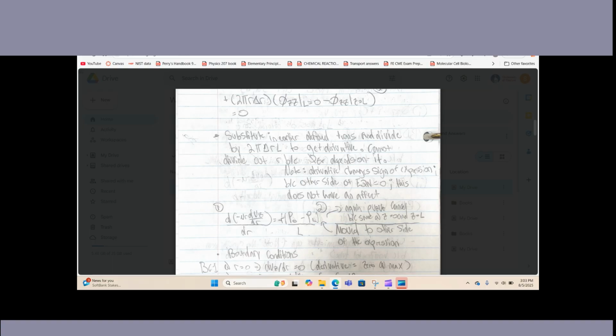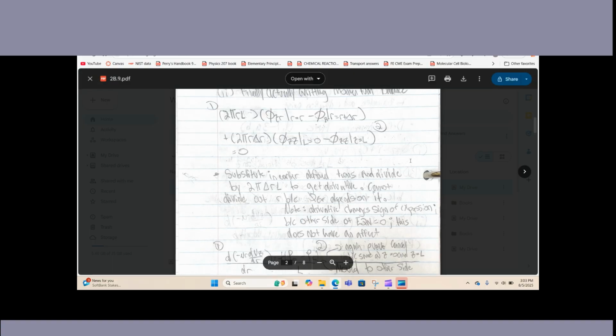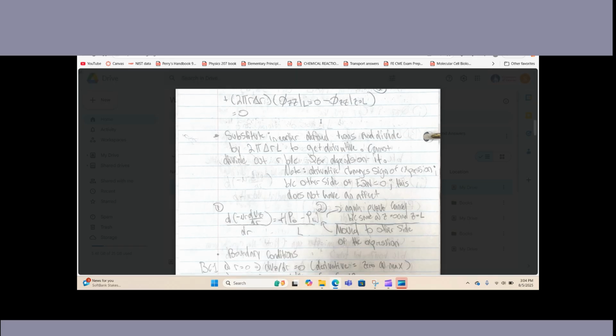So the derivative will change the sign of the expression, and that's because a derivative is the final value minus the initial value over the final position minus the initial position, while the momentum flux is the initial value minus the final value. So just the order of the variables is changed, and the sign is, as a result, flipped.